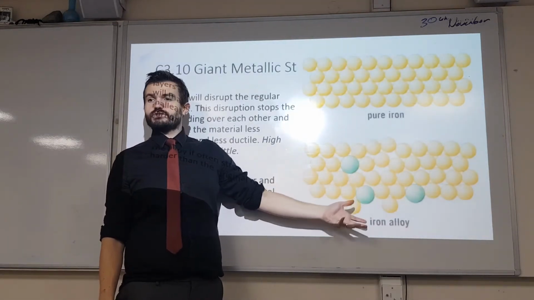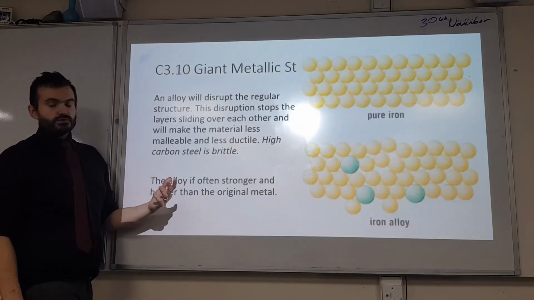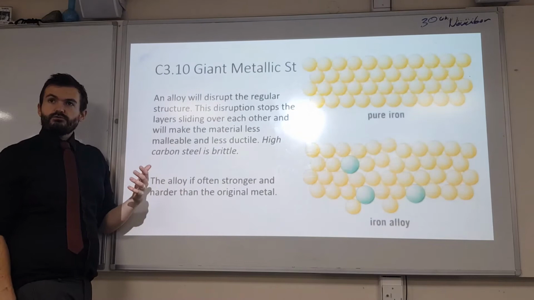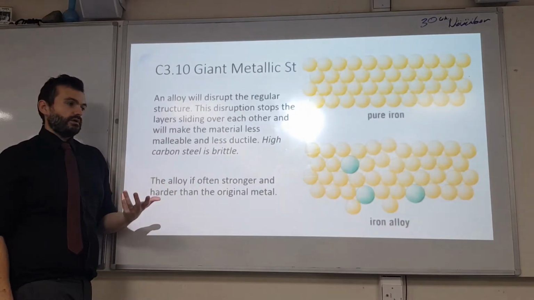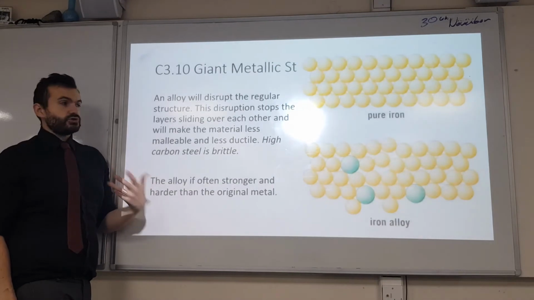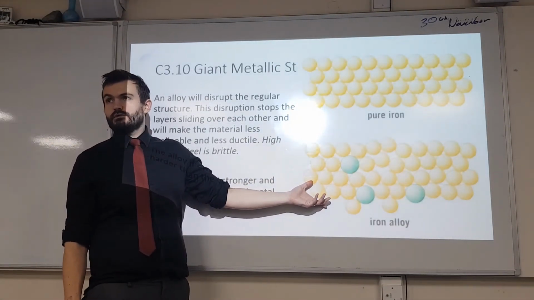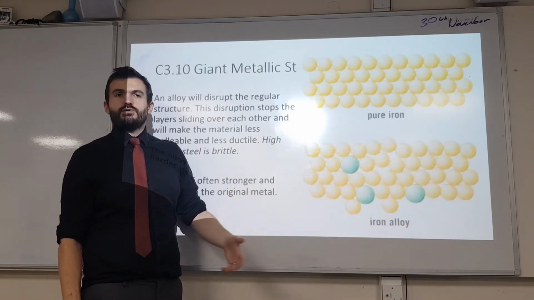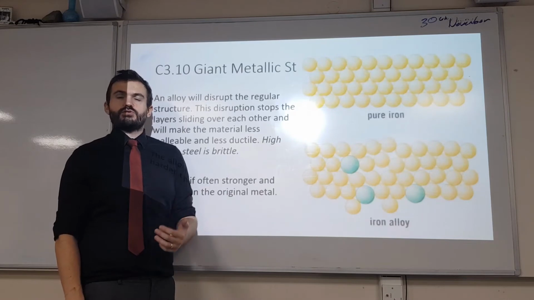So we become brittle because we've adulterated it. Your alloys are quite often stronger and harder, but they are more brittle. So it's a trade-off, and you've got to choose the right formulation for your material. If you choose the wrong formulation, you will have the wrong properties. You might be too brittle, or you might not be strong enough.